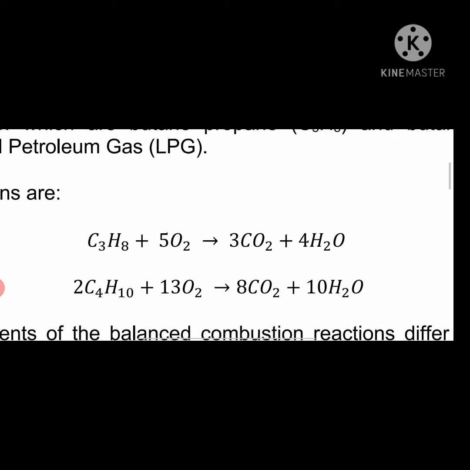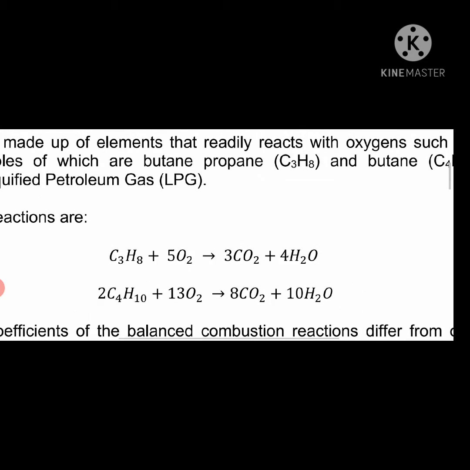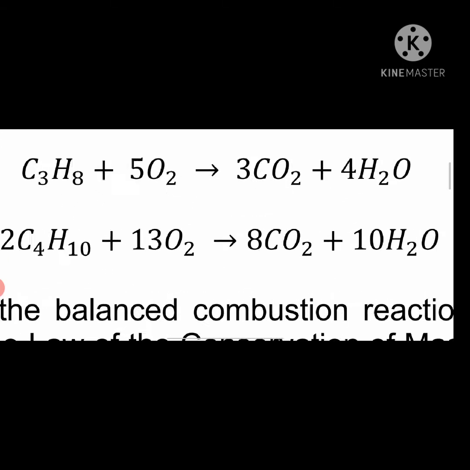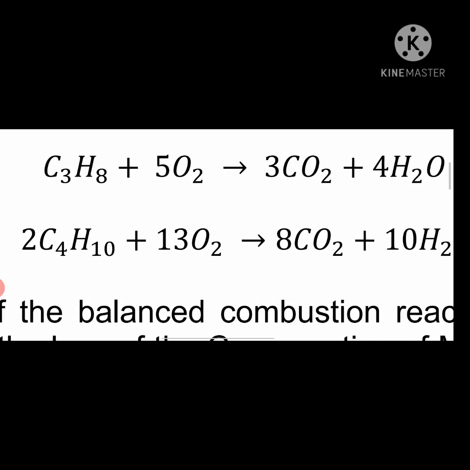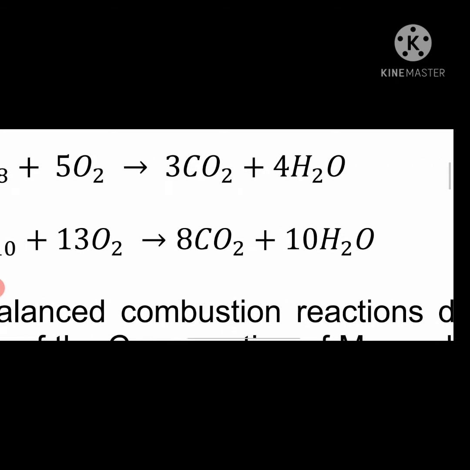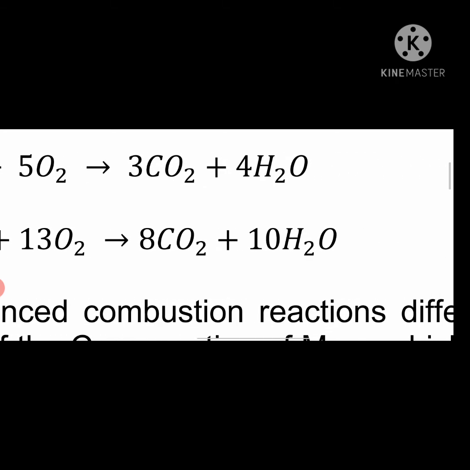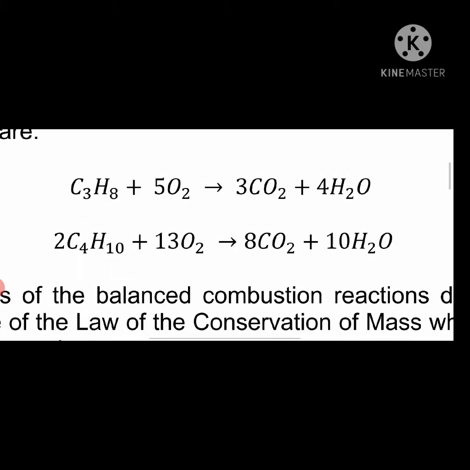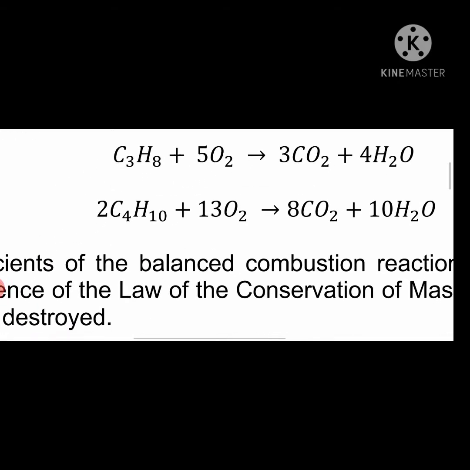You also have butane: for every 2 moles of butane, you can add 13 moles of oxygen, and you will produce 8 moles of carbon dioxide plus 10 moles of water. So these are examples of combustion reactions.